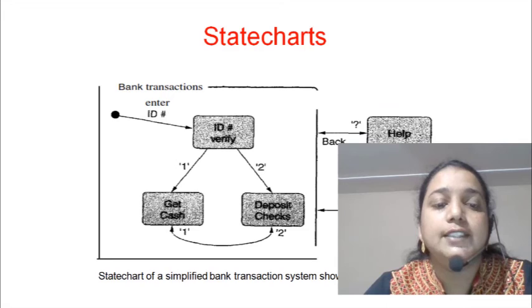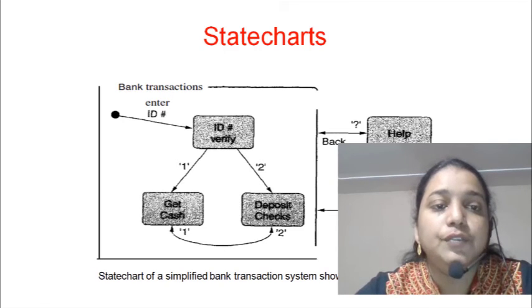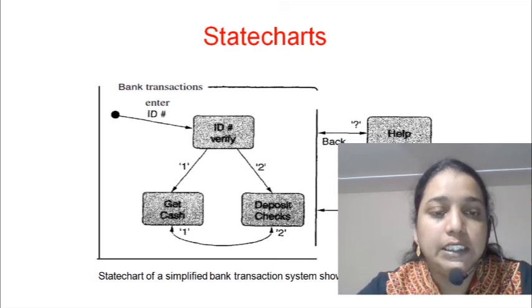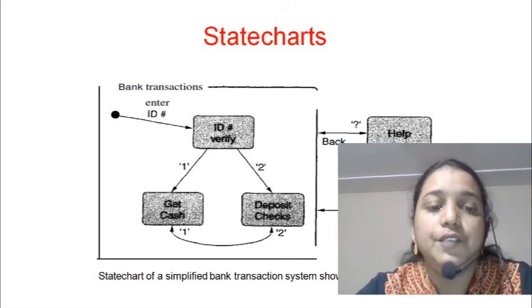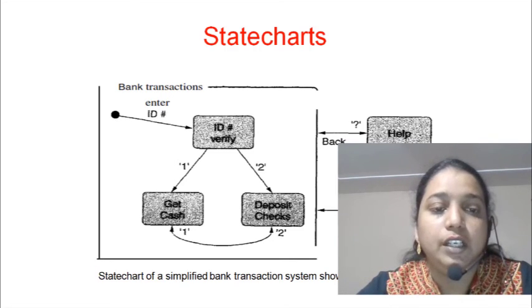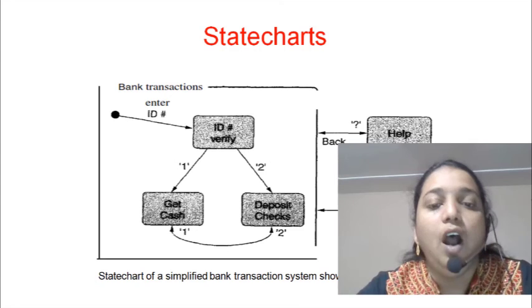If you see the state chart diagram, you can see how the states change from one to another. In the bank transaction, the black dot is the starting state, and then the first state is ID verification. After ID verification, you can either withdraw cash or deposit your checks.